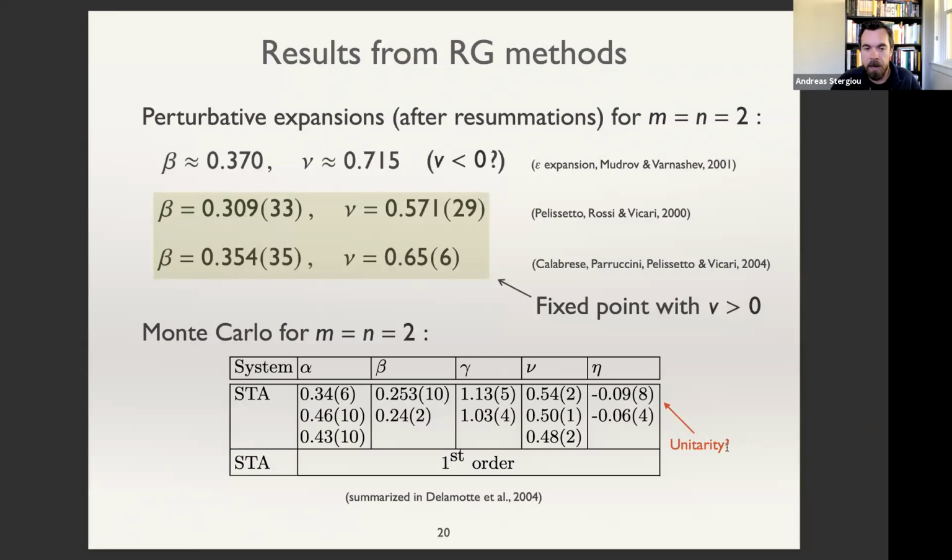But if there are Monte Carlo experts, I would be very happy to hear more about why such negative etas appear in these Monte Carlo simulations.